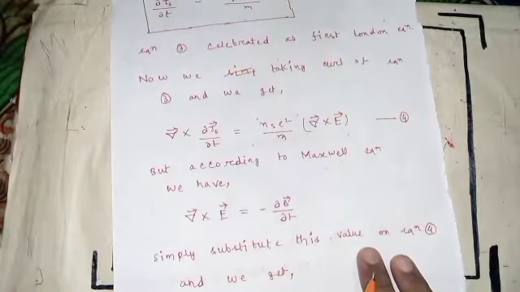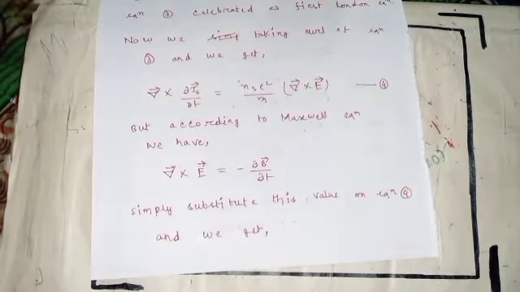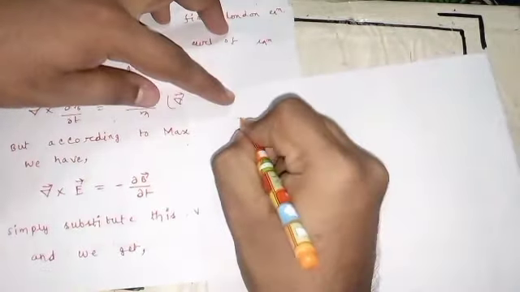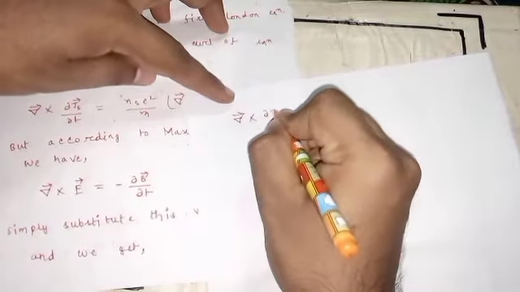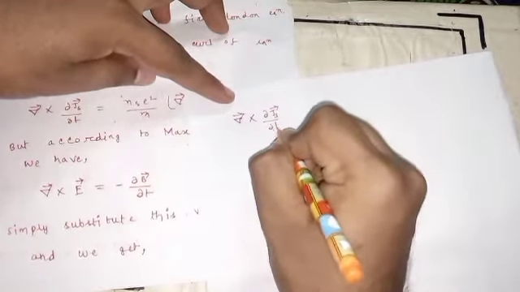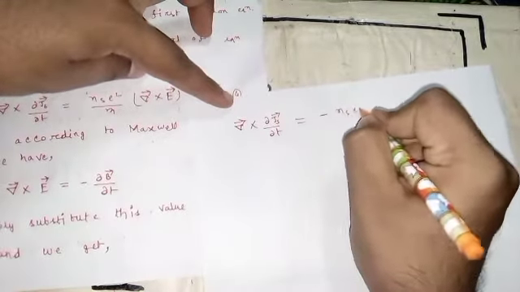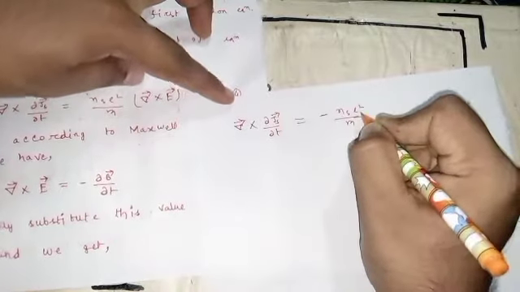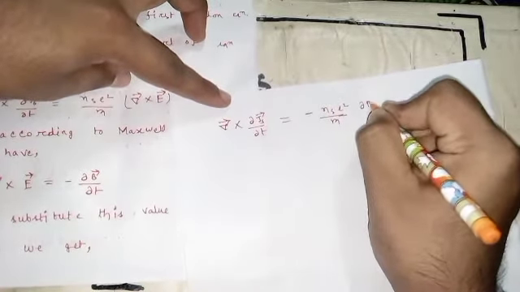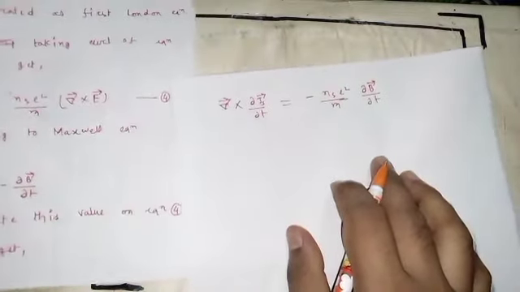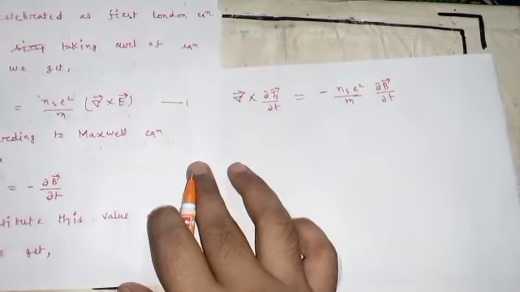curl of dou Js vector by dou t is equals to minus Ns e square by m dou B vector by dou t.